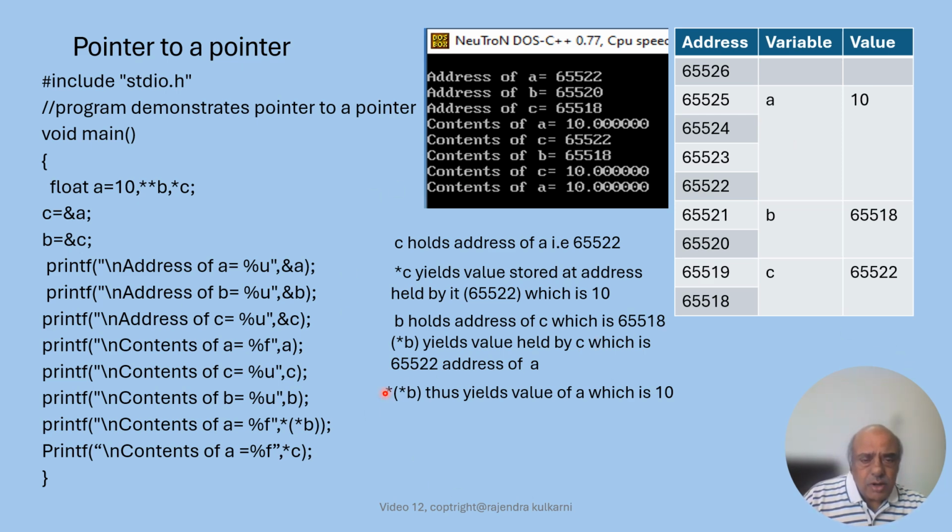But how are we accessing it? Through a pointer to a pointer. b holds the address of c, c holds the address of a.